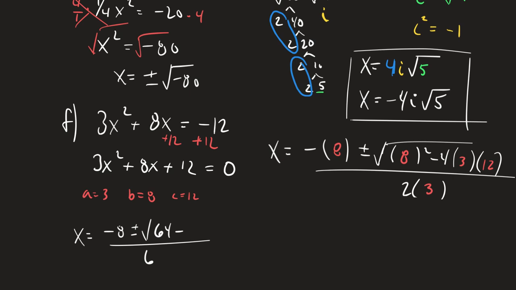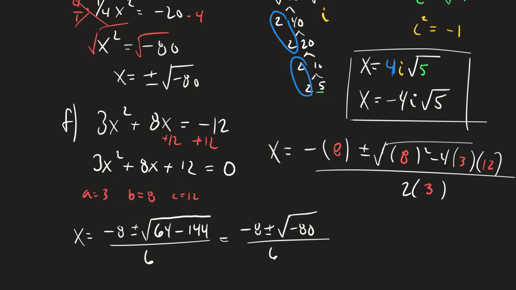Minus, so I got 1 minus sign, no other, so it's going to stay minus. And then 4 times 3 is 12. 12 times 12 is 144. So underneath that radical, we got negative 8 plus or minus the square root of 64 minus 144, which is negative 80, all over 6.